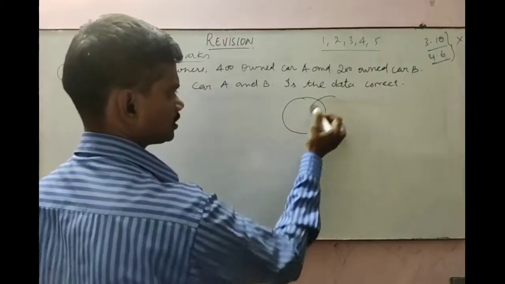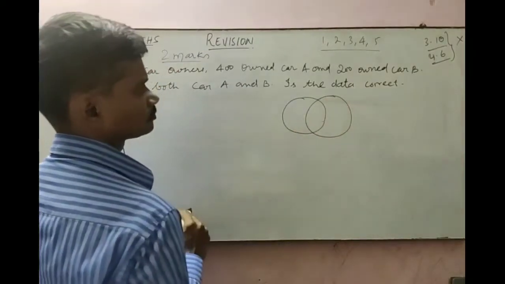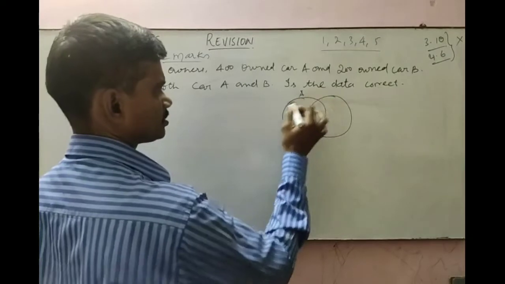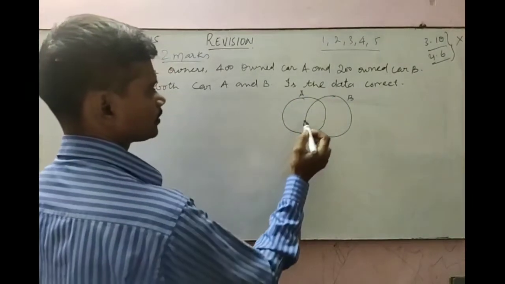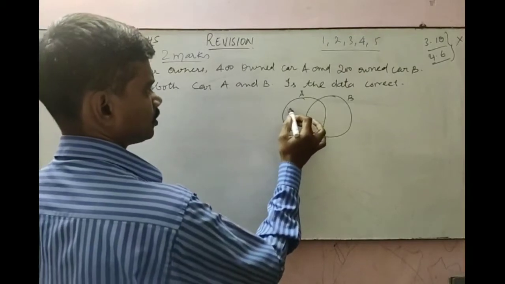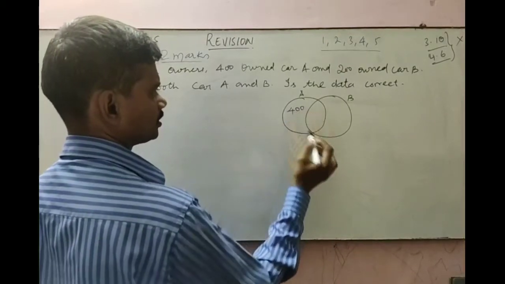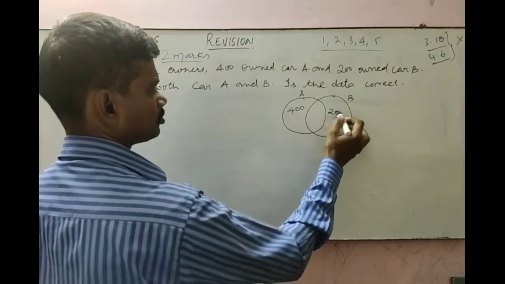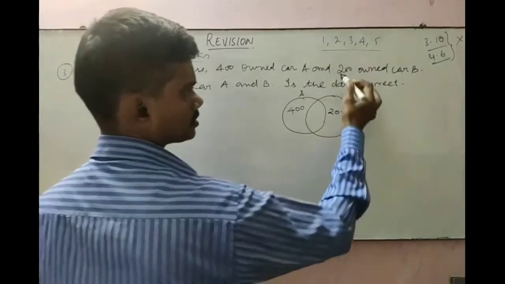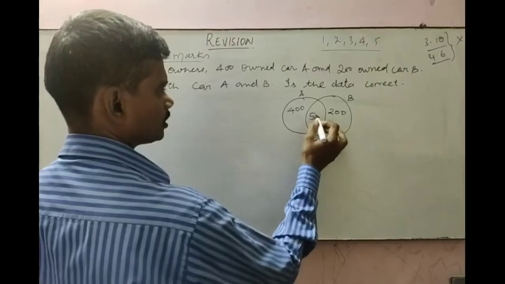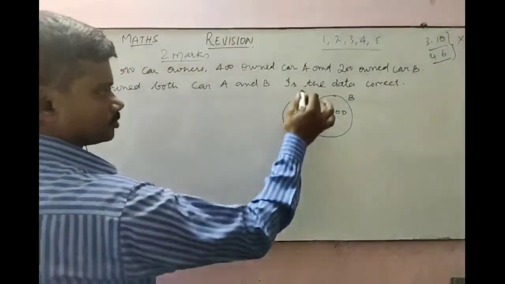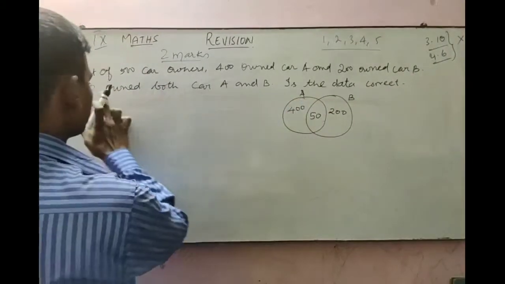First you can take set A as car A owners and set B as car B owners. Here the owners of car A are 400 and the owners of car B are 200. Both car A and B owners are 50.